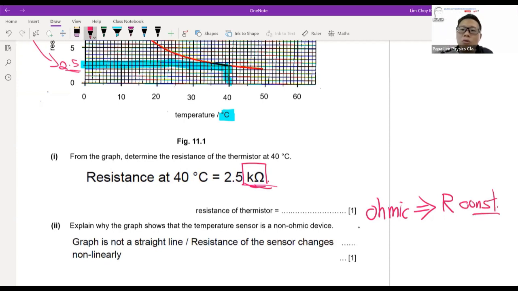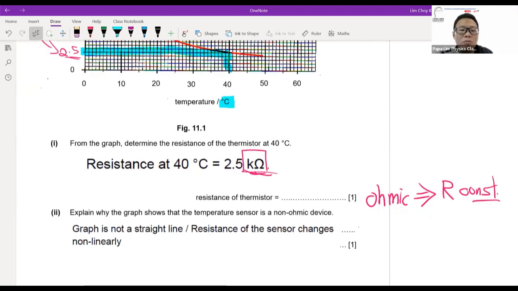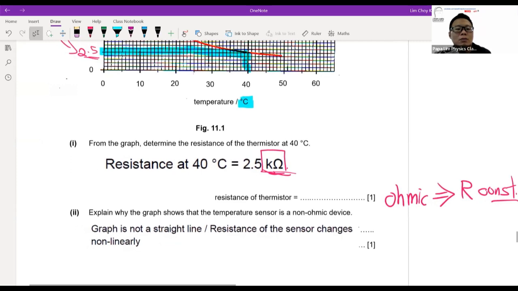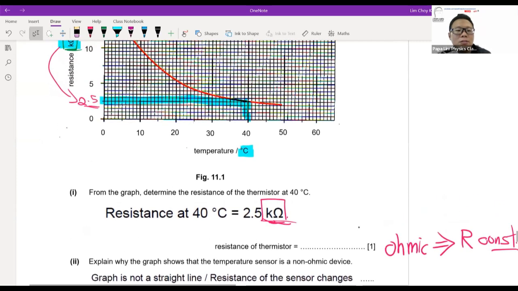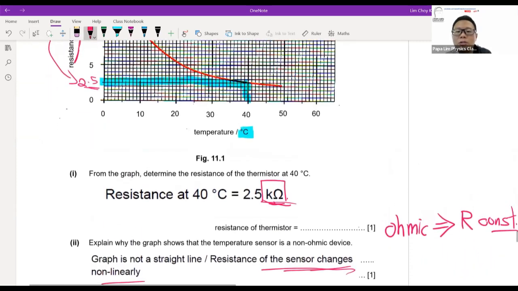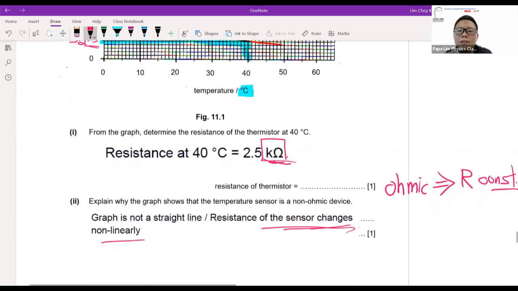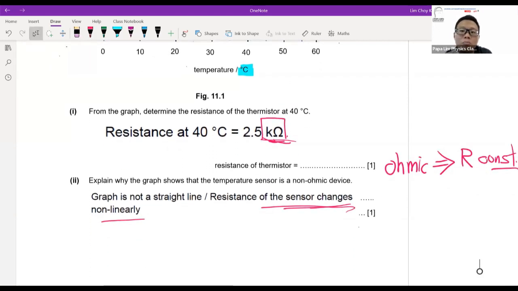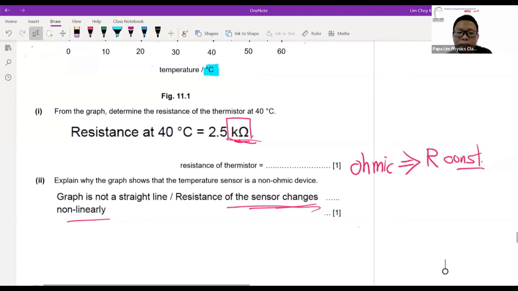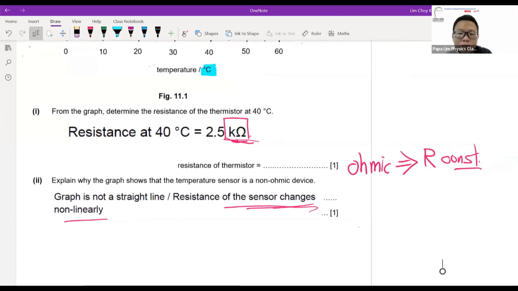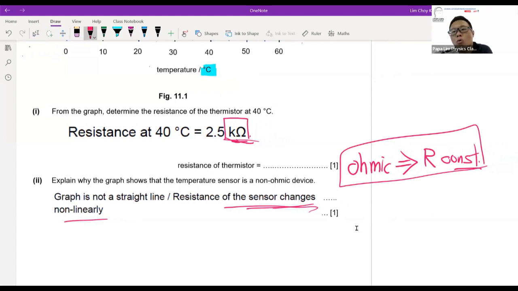The V-I graph is always a straight line. Here, the graph changes, the resistance changes with temperature, and because of it, this is a classic example of a non-ohmic resistor. I repeat, for an ohmic device, the resistance in all cases must be constant. That is the definition of ohmic.